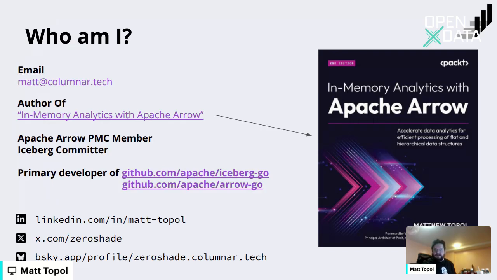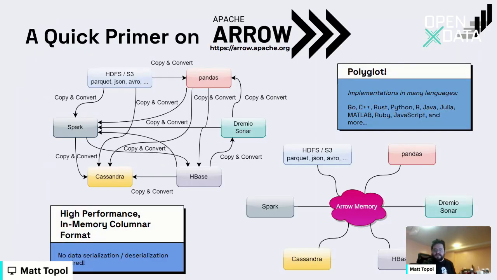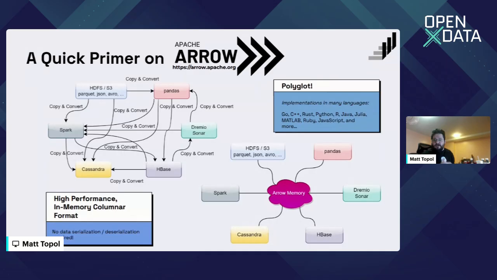I am the author of In Memory Analytics with Apache Arrow, a PMC member on the Apache Arrow project, and a committer in Iceberg. So, quick primer on what Apache Arrow is, in case you're not familiar with it. It is an in-memory column-oriented data format. It's a spec. There are implementations in a whole mess of languages: Go, C++, Rust, Python, you name it.